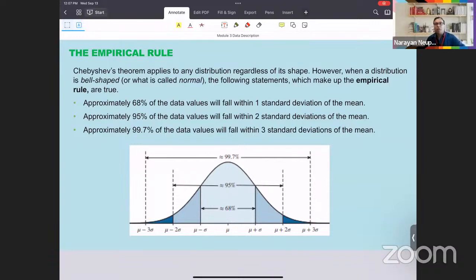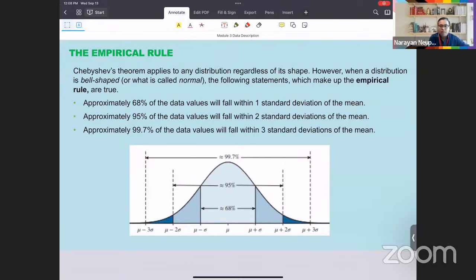But the empirical rule gives the approximate amount of data within a given number of standard deviations. So for example, in this diagram, if you look here, in the middle, we have the mean. I'm pointing with my mouse here. One standard deviation up and one standard deviation down, you'll have approximately 68% of the data.